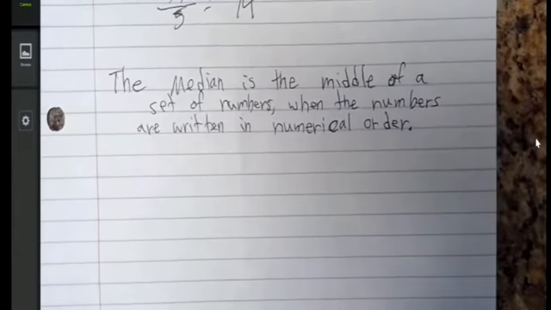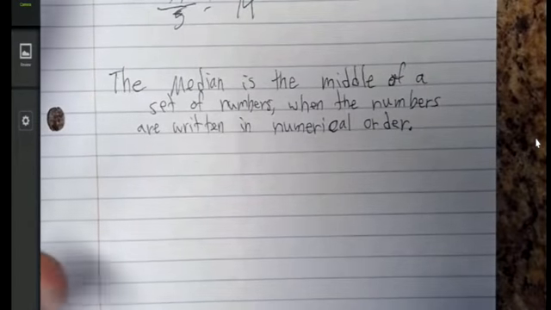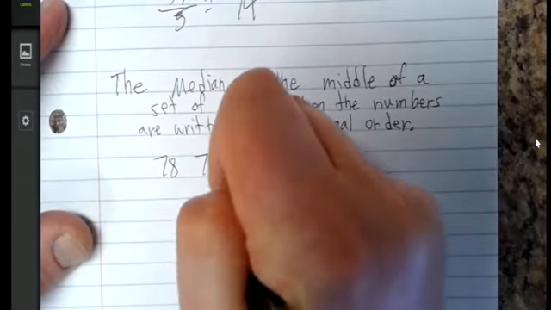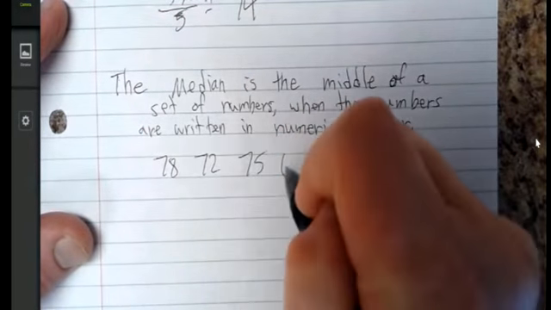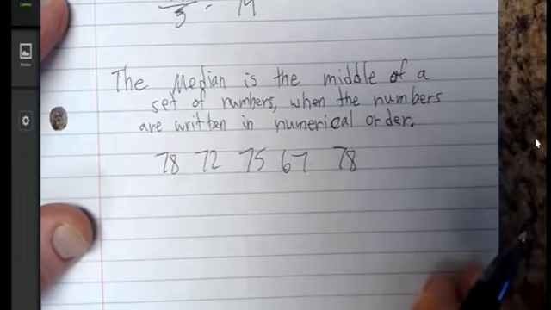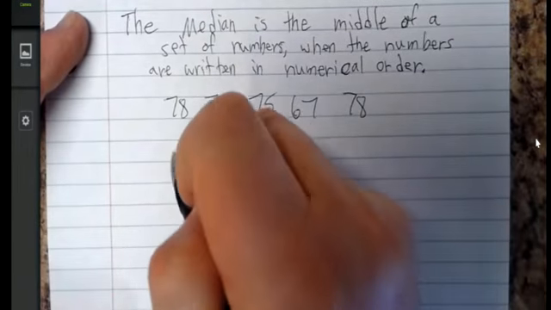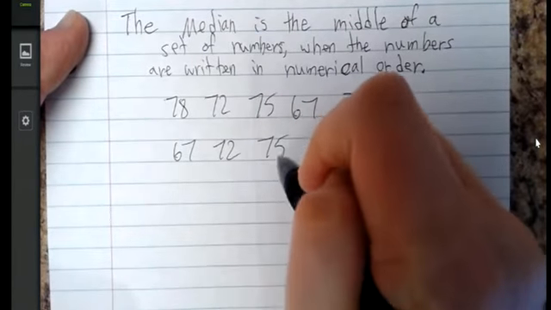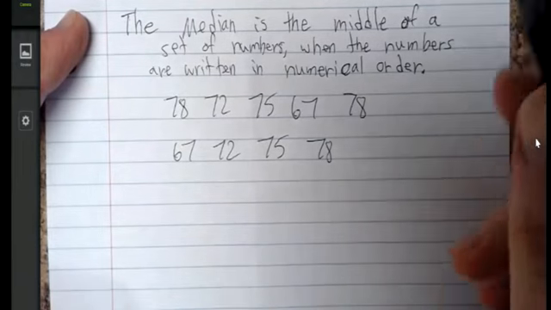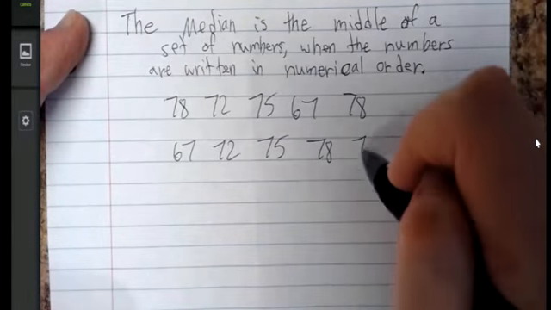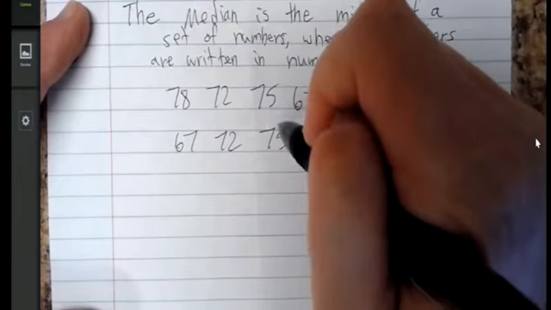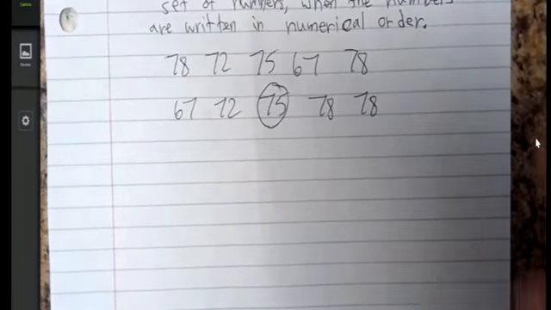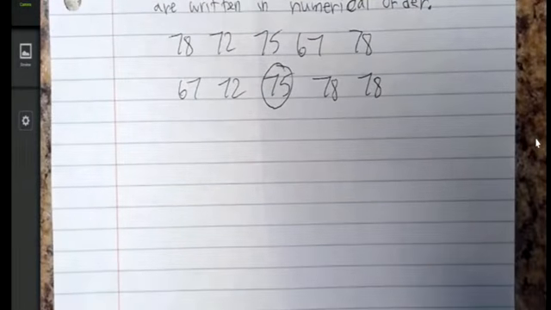So I order them, then I find the middle. So let's use the exact same set of numbers that we had before. 78, 72, 75, 67, and 78. Very easy. In this case, 67 is first, 72, 75, 78, and 78. Median is 75. Okay?